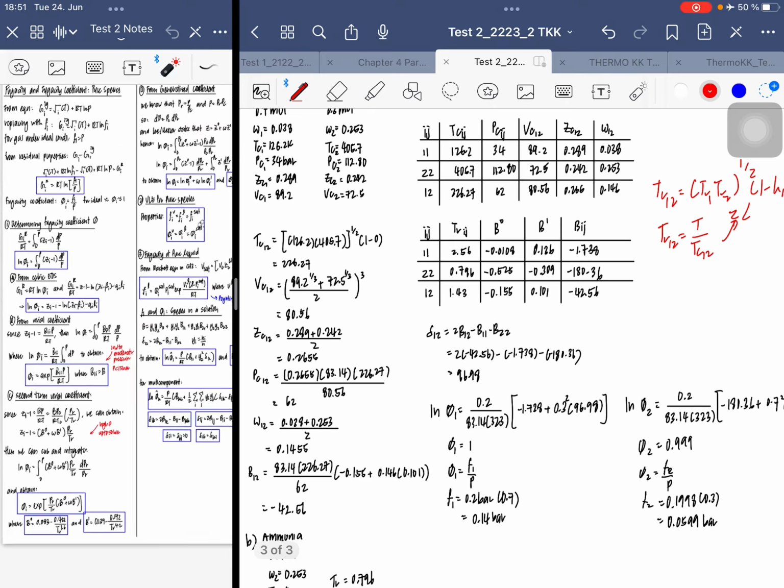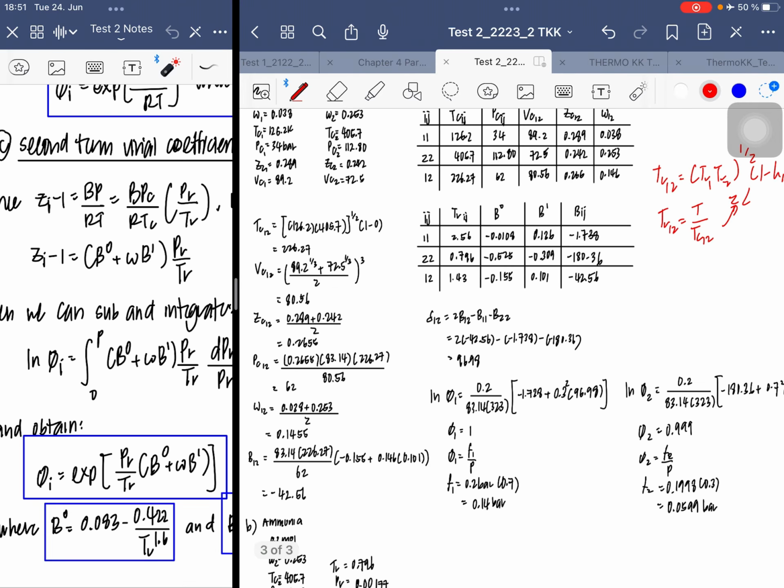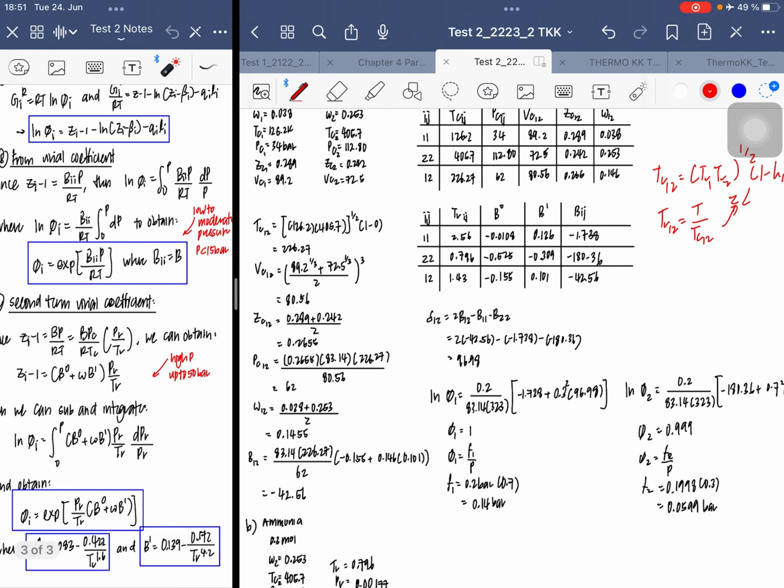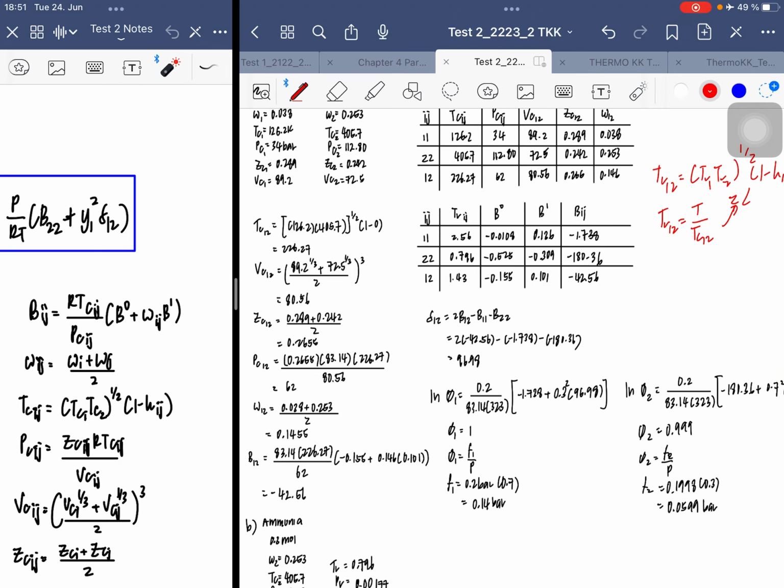And B naught is this one. B naught is 0.083 minus 0.422 over TR to the 1.6, and B1 is the same thing. So use TR12, and for B1 use TR12 also. And for Bij you have a specific formula, which is this one, so just pay attention to that.